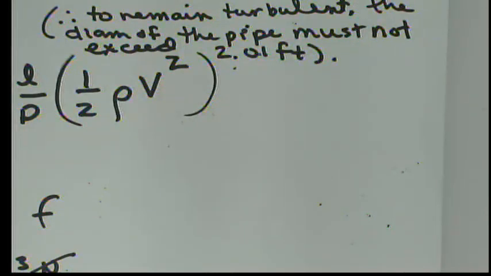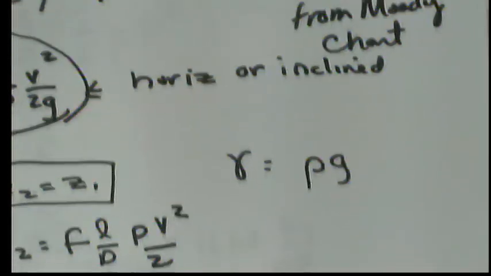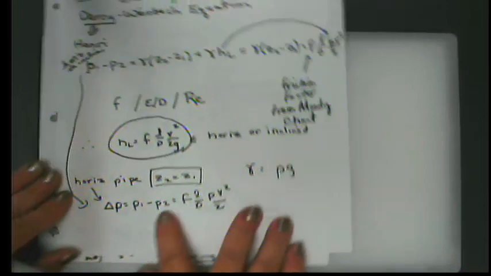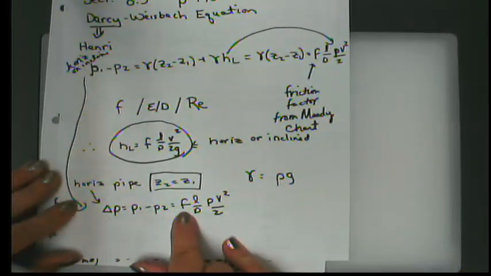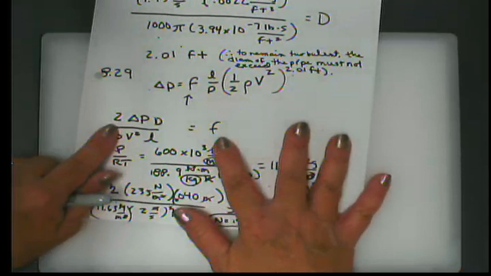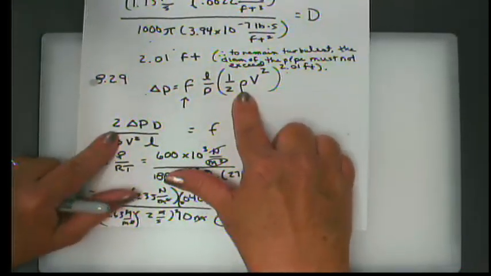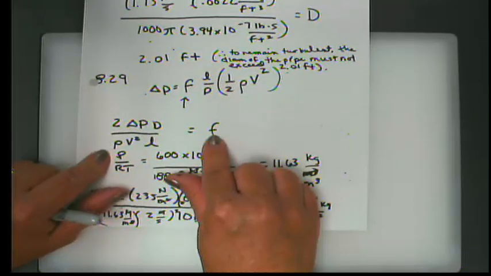It means that we are able to use the simplified version of the Darcy-Weisbach equation for horizontal pipes only, what we wrote down a little bit earlier, that delta P is equal to the friction factor times L over D rho V squared over 2. All right, so we basically just solve that equation, the horizontal version of Darcy Weisbach, for the friction factor.